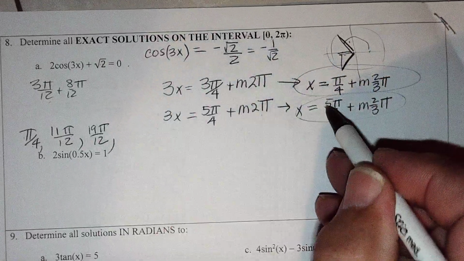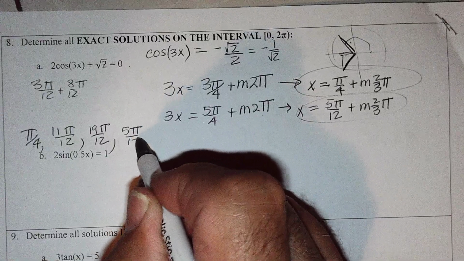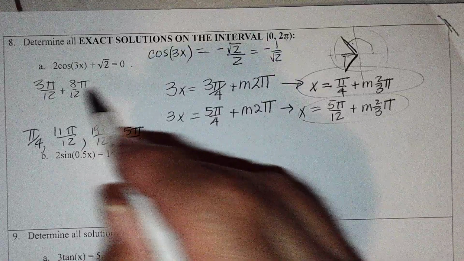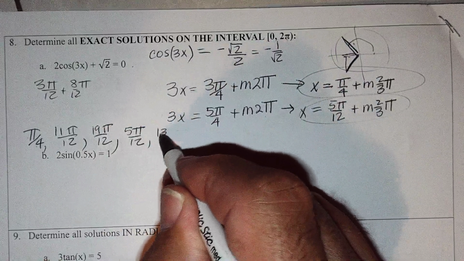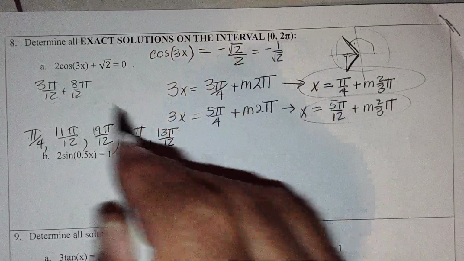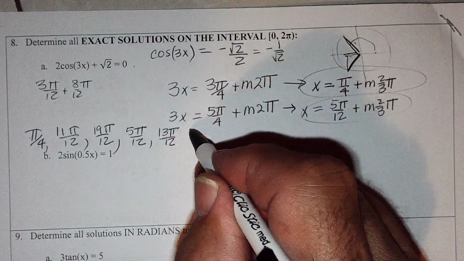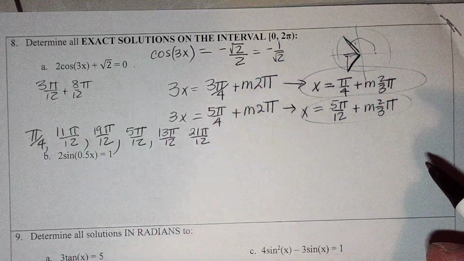The first one would be 5 pi over 12. And this again is 8/12, so I'm going to add 8 to 5, and I'm going to get 13 pi over 12. And if I add again, I'm going to get 21 pi over 12.